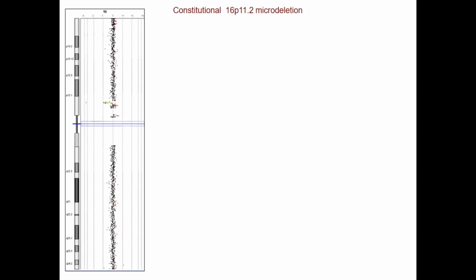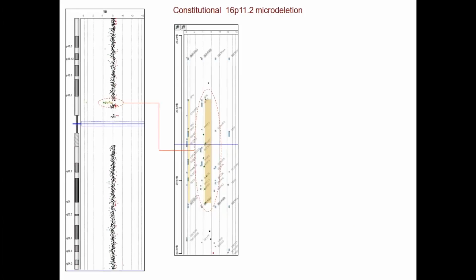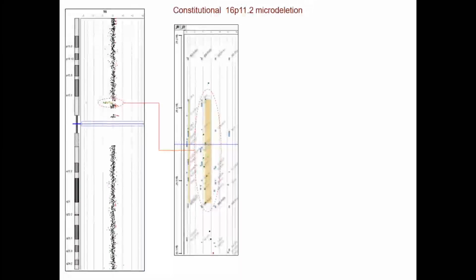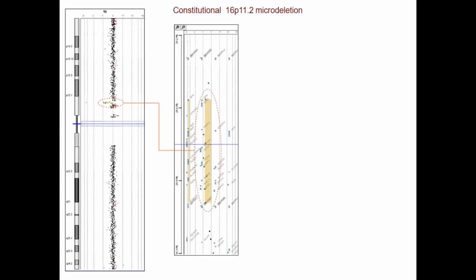The blue are duplications, the red are deletions. And you can see that they are clustered, and the breakpoints are very similar. If there is some variation, it's minor variation. And this is from the Decipher database. So these are all different deletions or duplications from different patients.